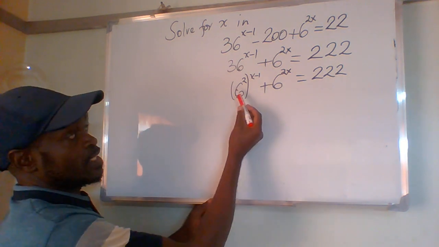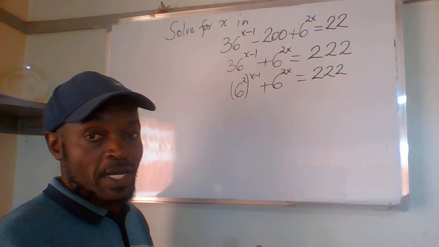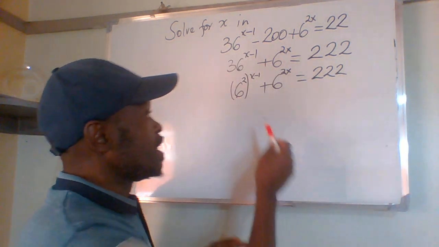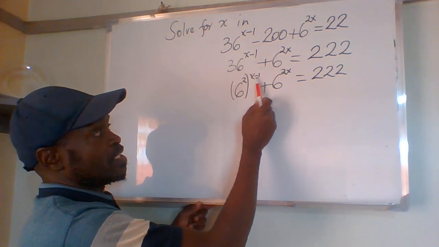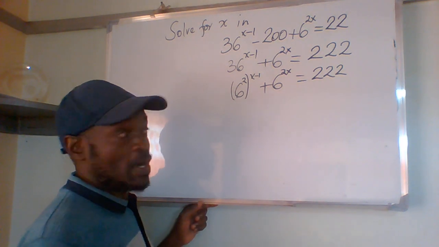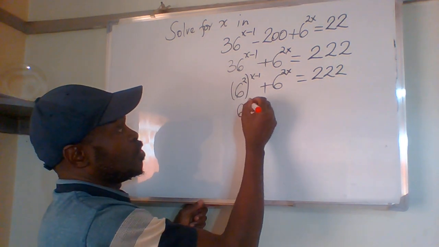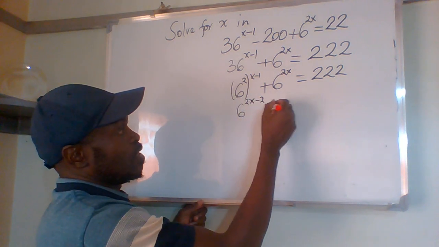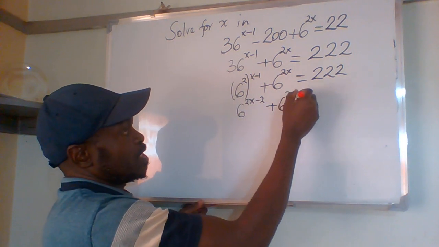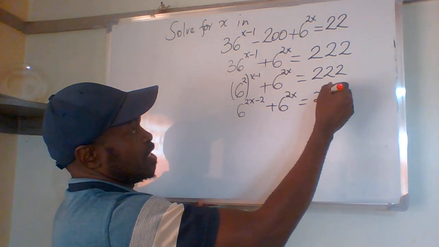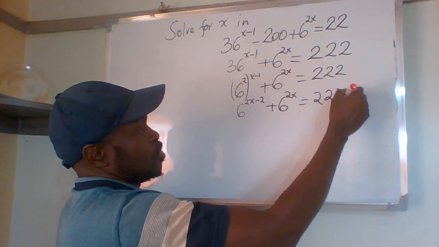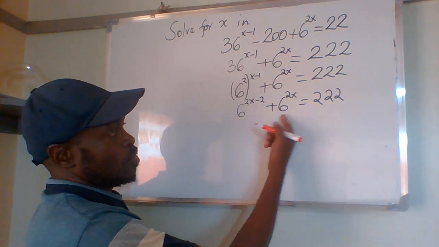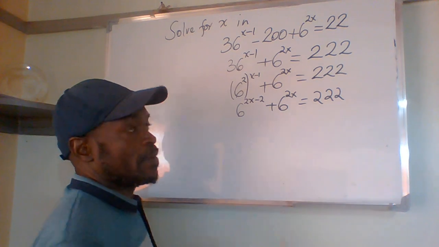We know that when you have a number raised to a power, then further raised to another power, to work it out, you just simply multiply those powers. So like in this case, we'll have 6 power 2x minus 2, then plus 6 power 2x, and this gives us 222. So we have here the same base.